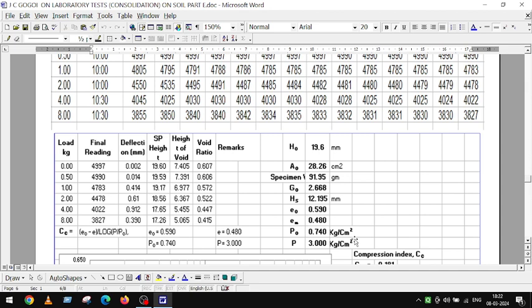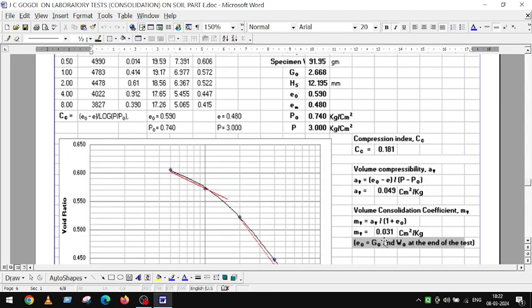The pressure is in kg per cm square, and these equations are used. From this equation, we can calculate this equation.